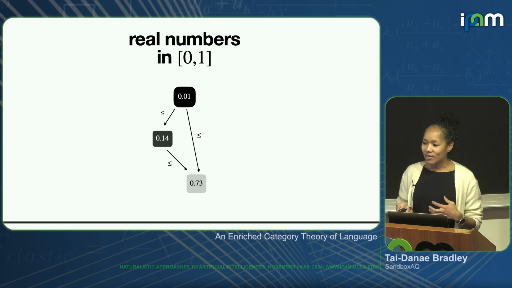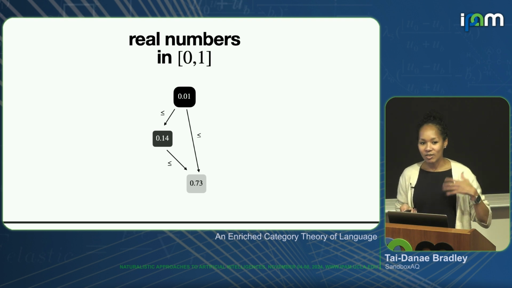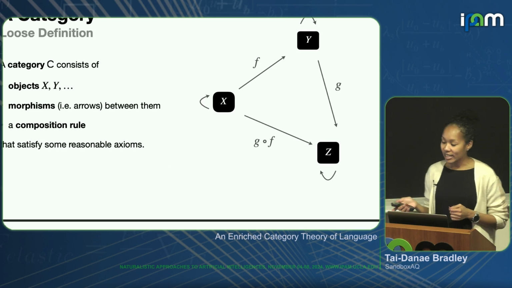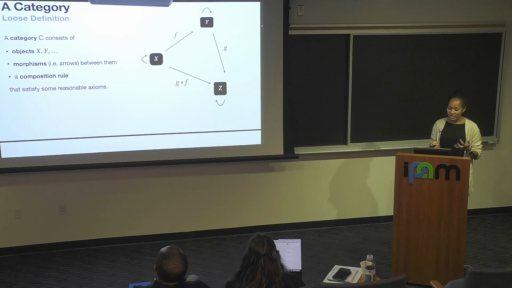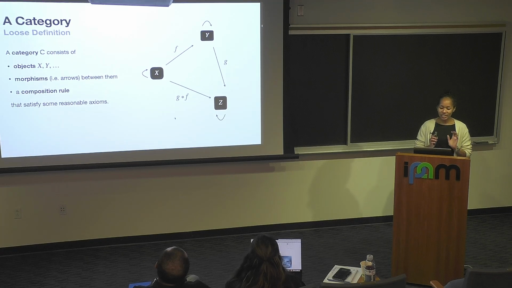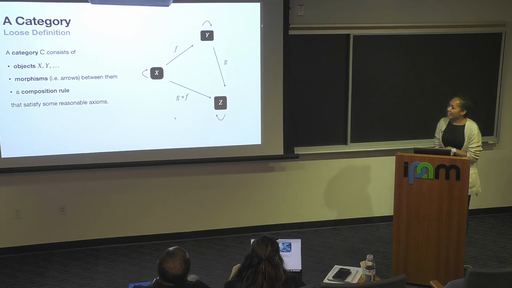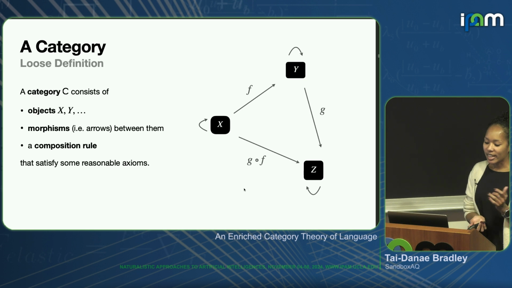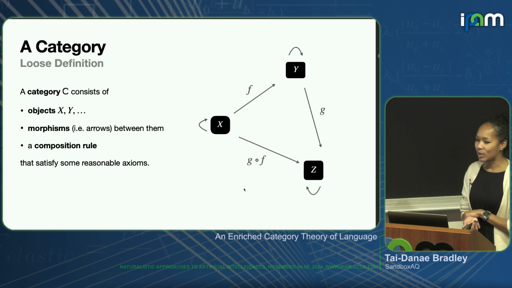So there are different ways of thinking about mathematical objects and relationships between them. And the three examples we've seen can be summarized in this formal definition of a category. So here's a loose definition. A category, C, consists of some objects together with arrows between them, which we call morphisms, and also a composition rule of the kind that I described on the previous slides.